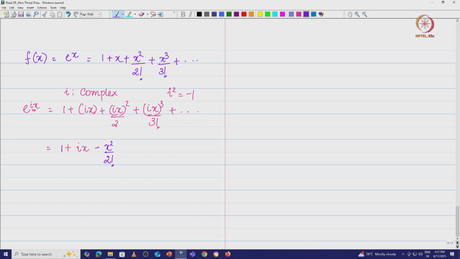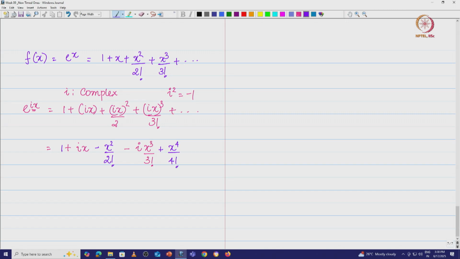Then I squared is minus 1, i cube is minus i, so this is going to be nothing but minus i x cube by factorial 3. Then I am going to have plus, i x the whole power 4, i squared is minus 1, so i power 4 is plus 1. I am going to have plus x power 4 by factorial 4.